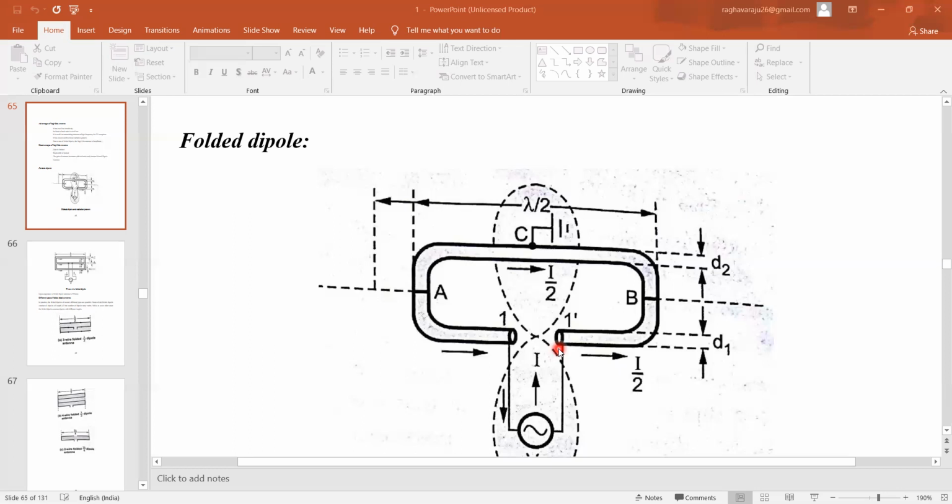So A and B are the cross-sectional view of this particular folded dipole. The length of this folded dipole is measured as lambda by 2.